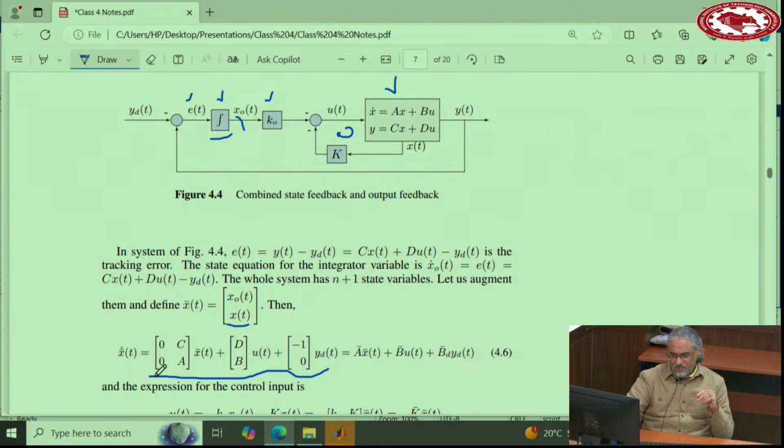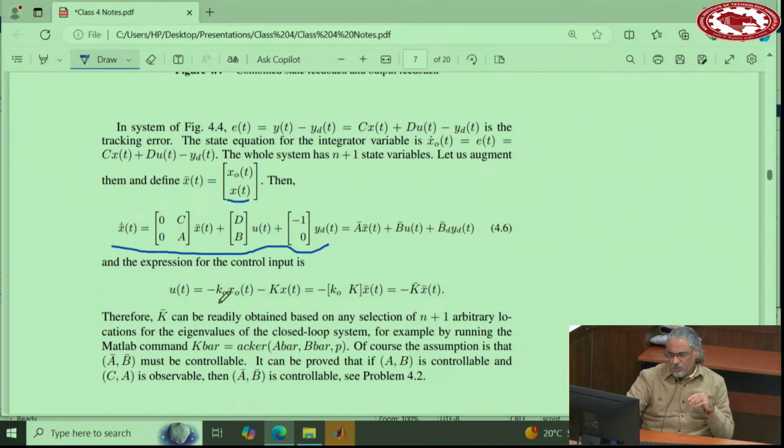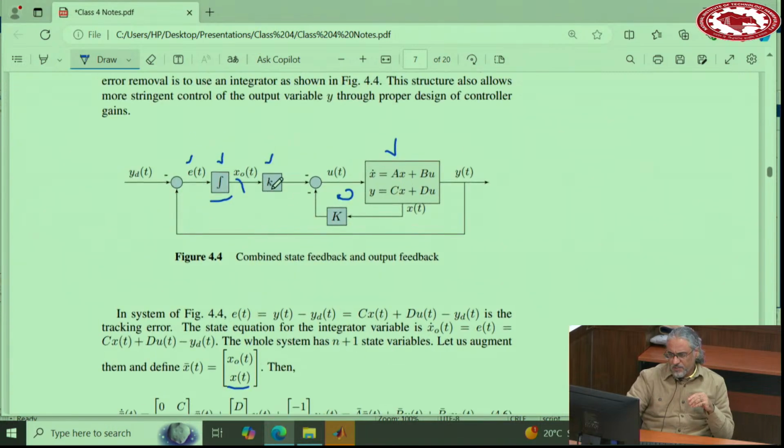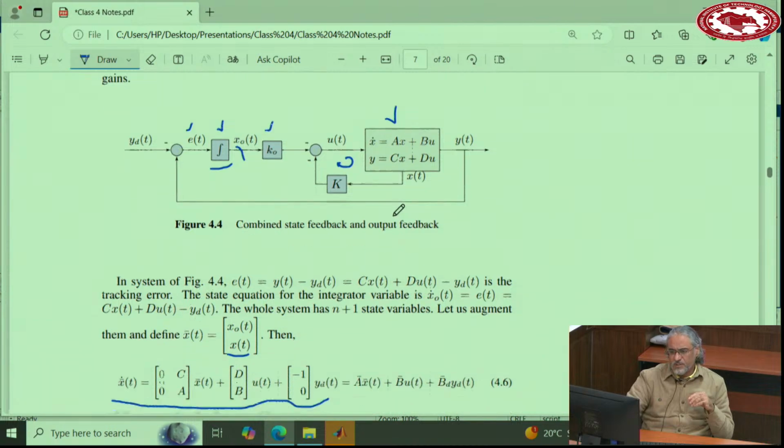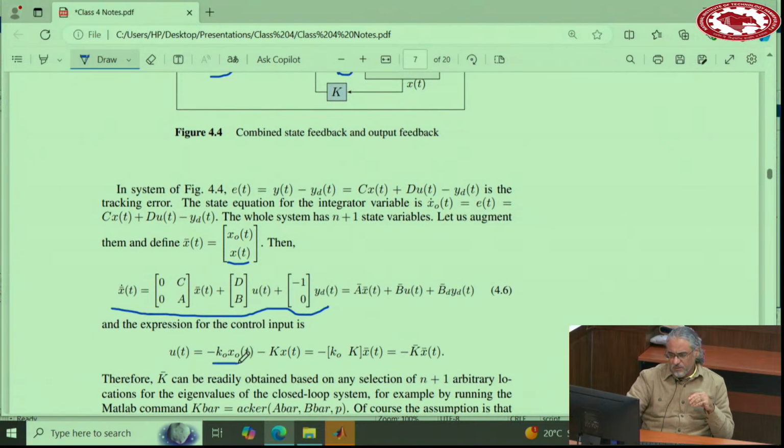Now this equation here, 4.6, represents the state space equations of this augmented system. And for u equal to negative k0 times x0, negative k times x, you can write it this way. And x bar is the augmented state. Let's call these k0 and k bar.